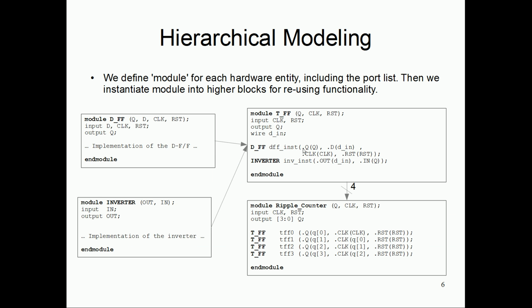So we say dot q means port q connection to the Q of this port. So this Q belongs to the T flip-flop top level port. So we are connecting this top level Q port to the dot q, meaning the Q port of the D flip-flop.